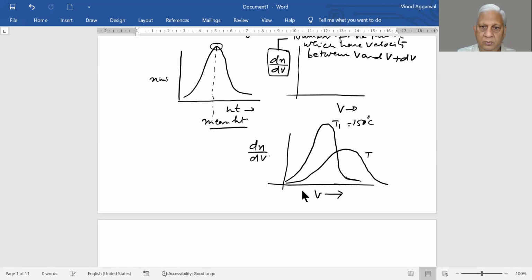So this may be at T2, which is, for instance, 20 degrees centigrade. So this is our distribution of velocity, and this we call the most probable velocity. It's a function of temperature also.